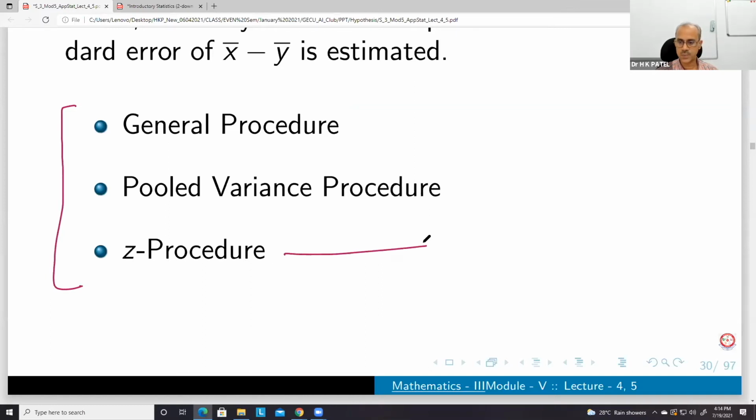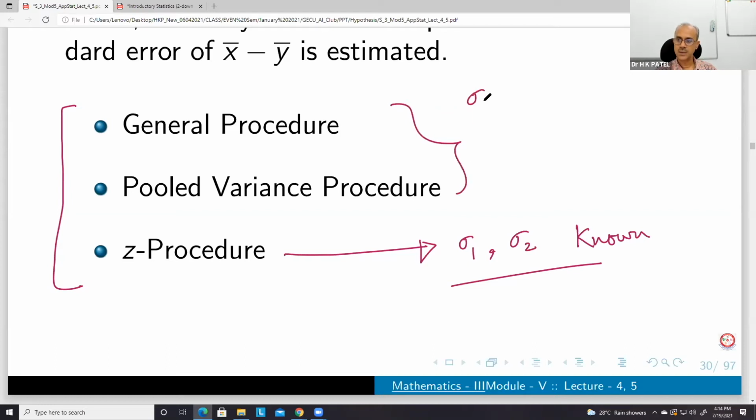In case of Z procedure, we have sigma 1 and sigma 2 known. So when we use the known standard deviations of two populations, then we apply Z procedure. Otherwise, sigma 1, sigma 2 not known.